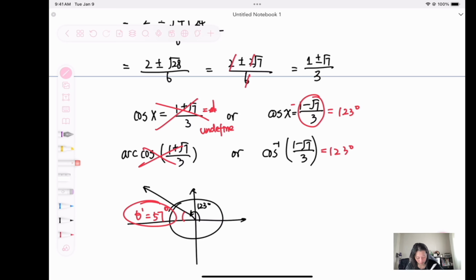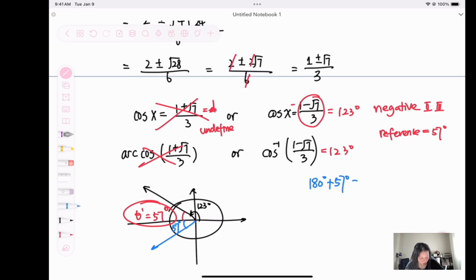It's negative, and the reference angle is still 57 degrees. So cosine is going to be in the second and the third quadrant. The third quadrant will be here. The reference angle is 57 degrees, so another measurement for this is going to be 180 plus 57 degrees, which is 237 degrees. So our solutions are 237 degrees and 123 degrees.